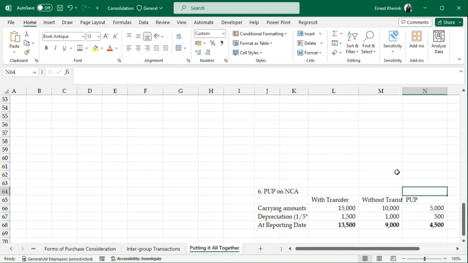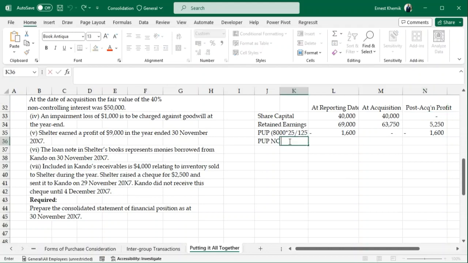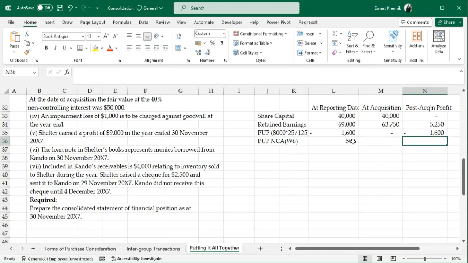So quickly we will come here, and then I'll put here working 6. So this is actually W6. Alright, W6, and then at the reporting date we are going to add the excess depreciation back to the profit of the subsidiary, and then it's also going to be added to my post-acquisition profit as well, because it has happened within the post-acquisition period.